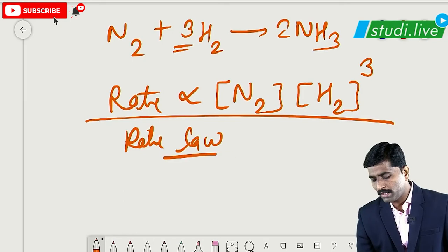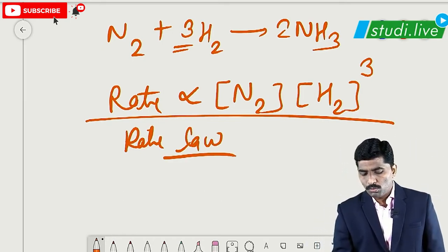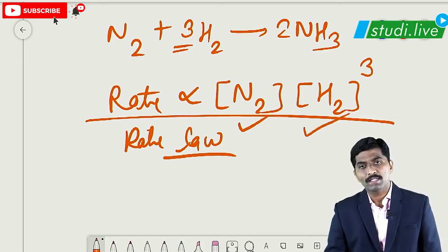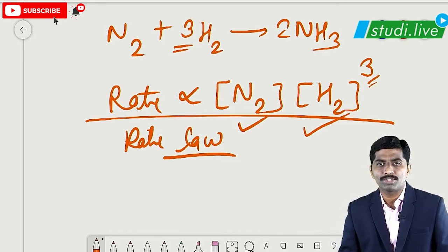So how can we define this? Rate law is a mathematical expression in which molar concentration terms of reactants are raised to their stoichiometric coefficient.